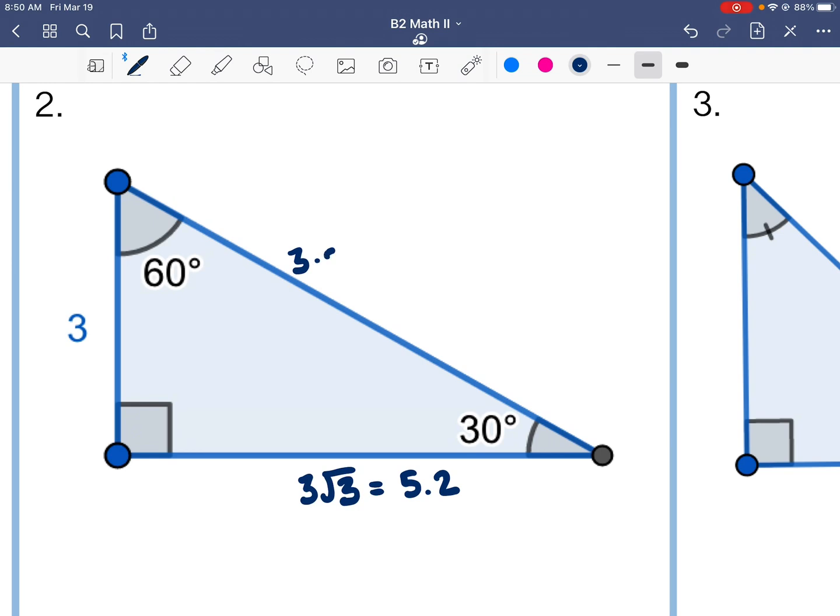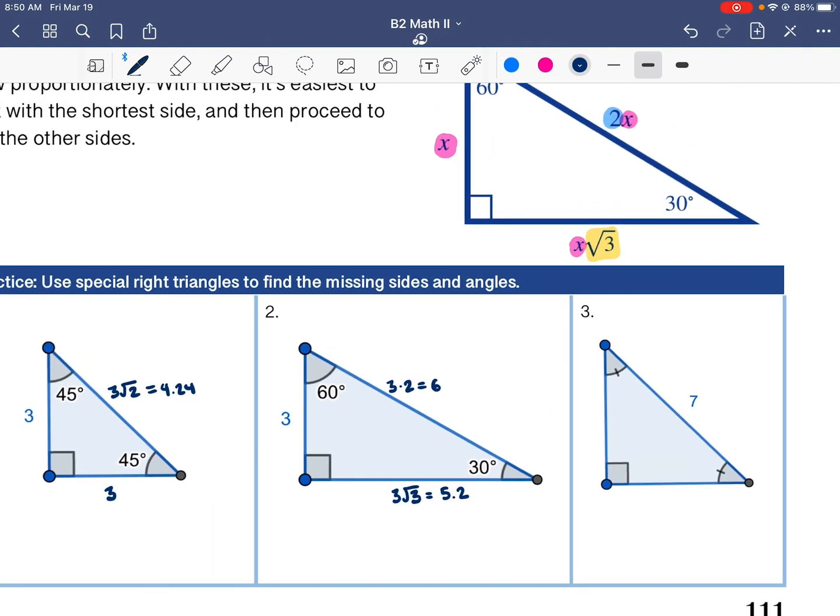And then the hypotenuse is just double that value, so 3 times 2 makes 6. So notice how I'm matching up that value each time, multiplying by whatever my diagram says I should to get those other values.